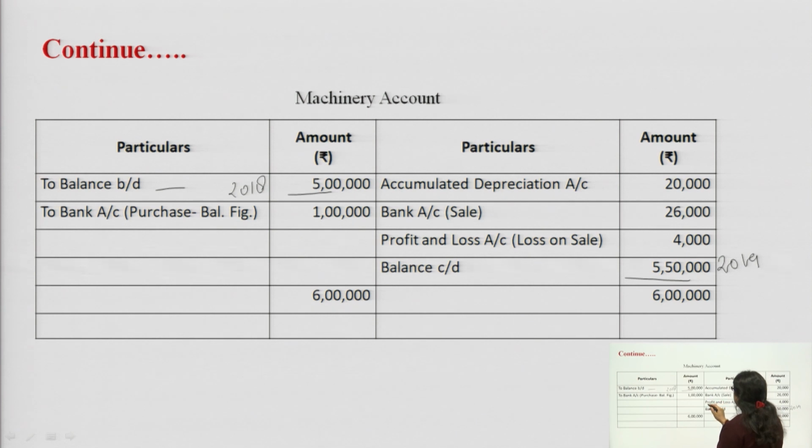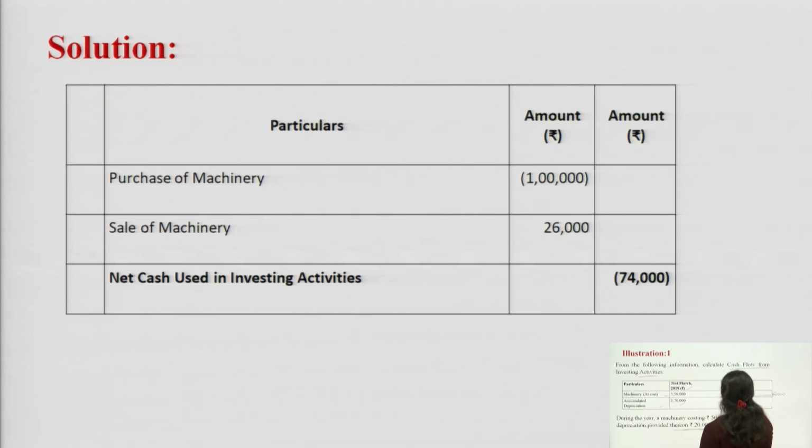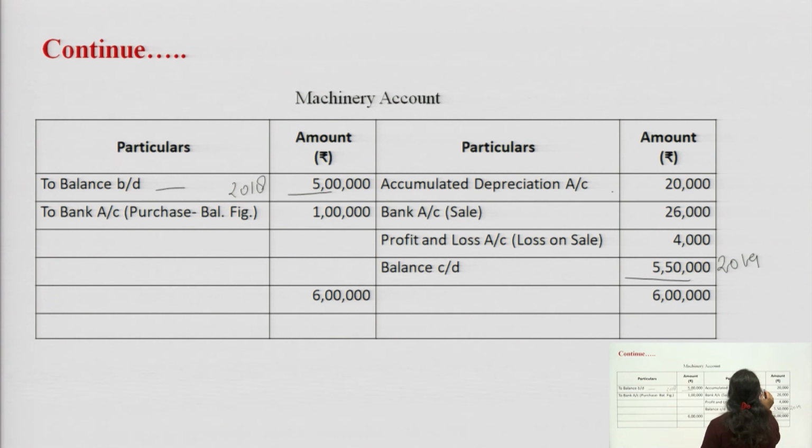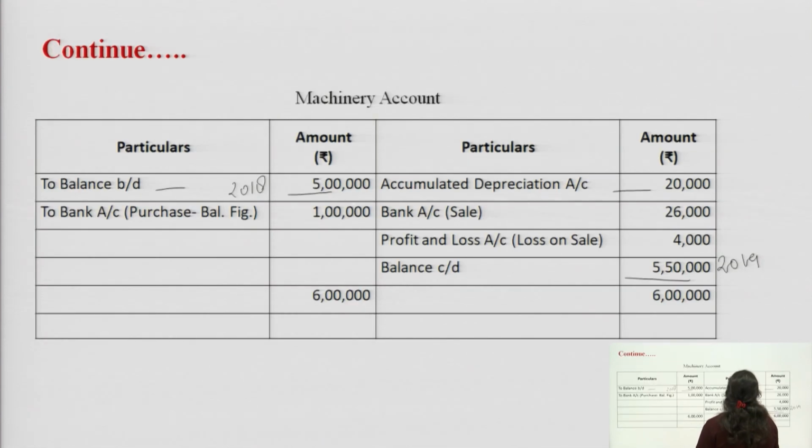The other thing is that accumulated depreciation has been provided, 20,000. So, we have written here 20,000 accumulated depreciation, and the machinery was sold for 26,000. So, we have written it here only.